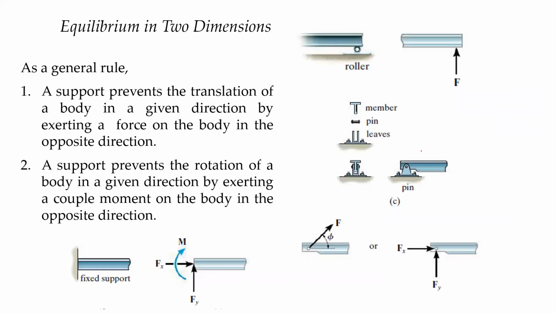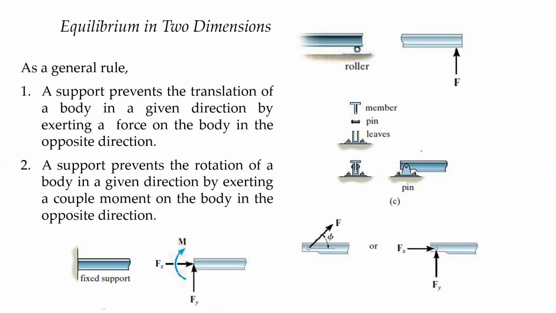Of course, we have many types of reactions, but the majority we will usually encounter are what we call pin connected, which resists horizontal and vertical force, and roller, which only resists vertical force.